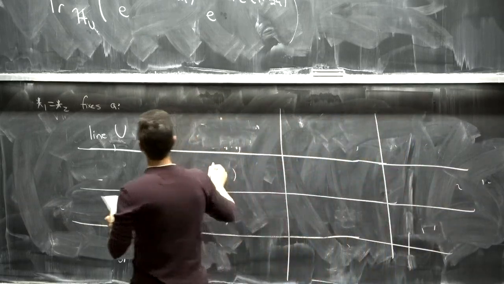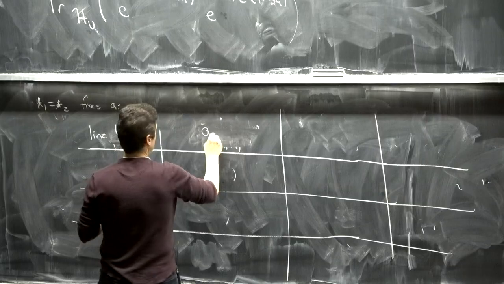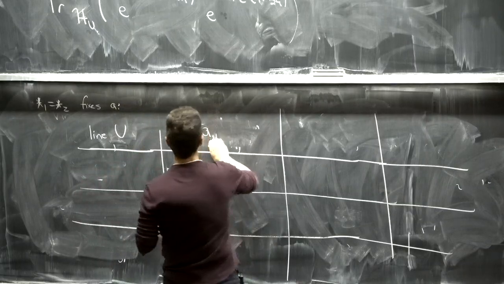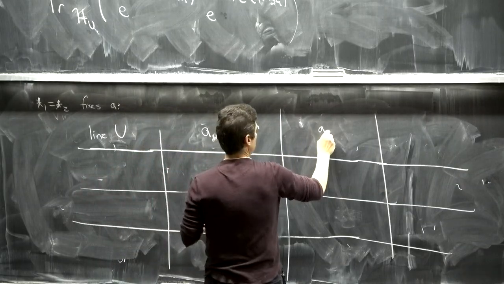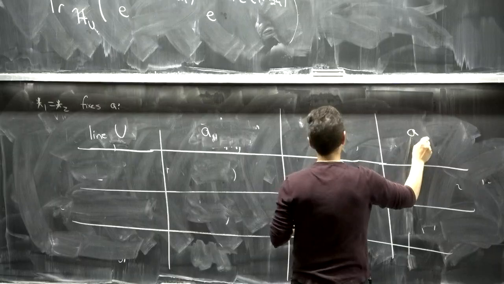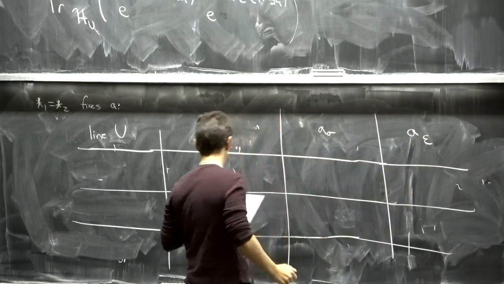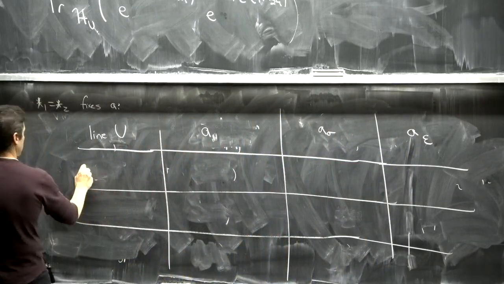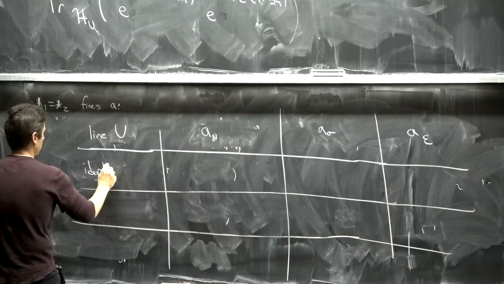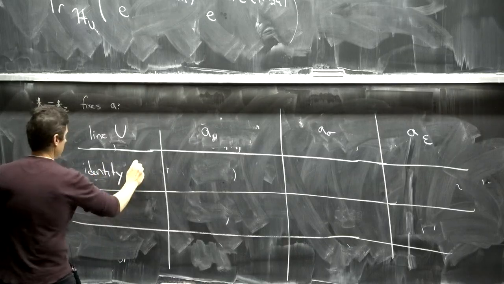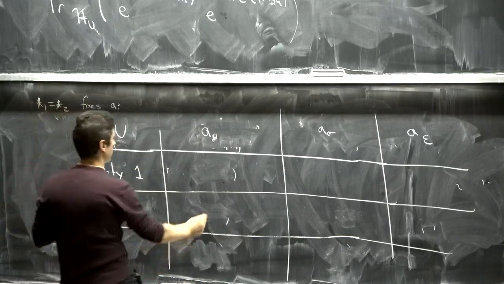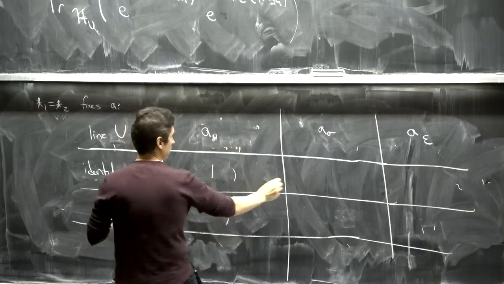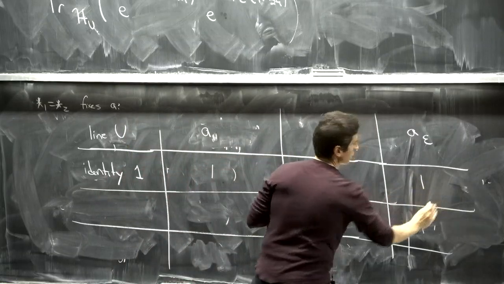Here will be A on the identity, maybe I called it A1. Here will be A sigma, and here will be A epsilon. So 1 is identity, boring, but I'll write it anyway. Identity line: this is 1, this is 1, this is 1.